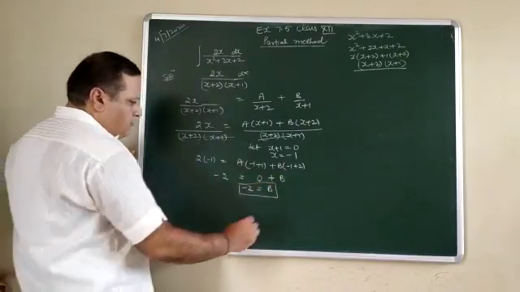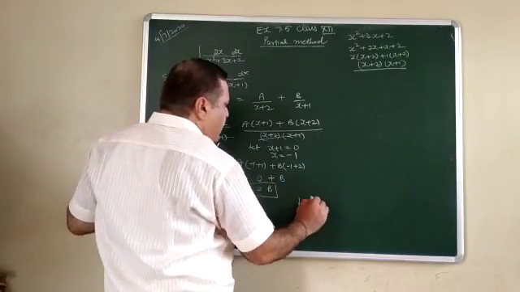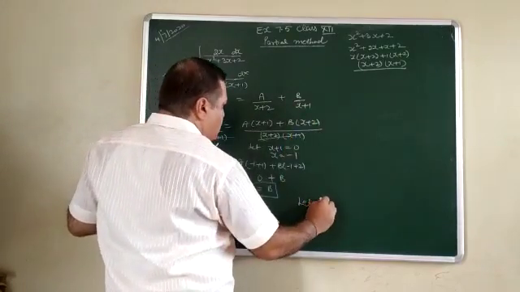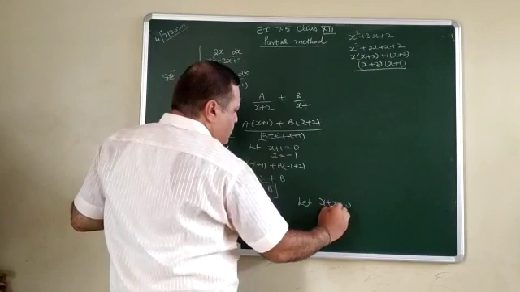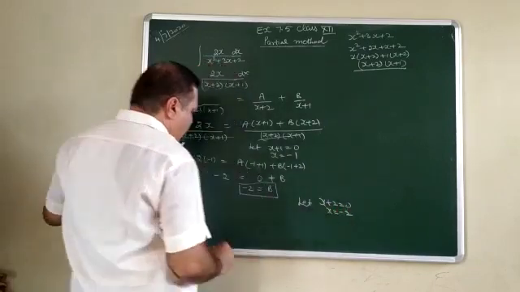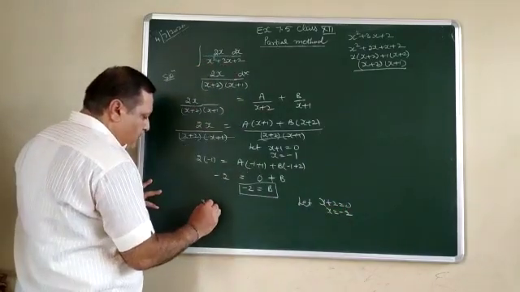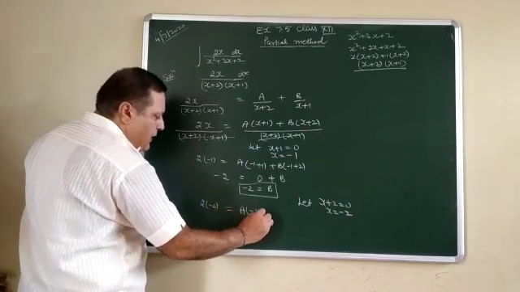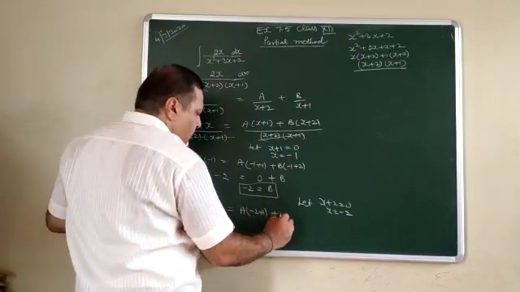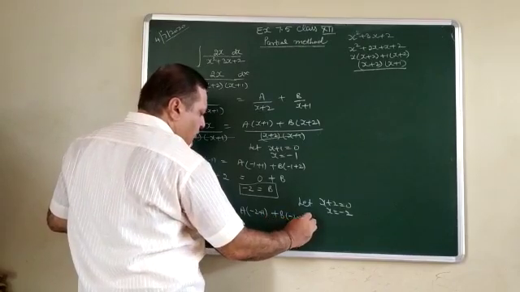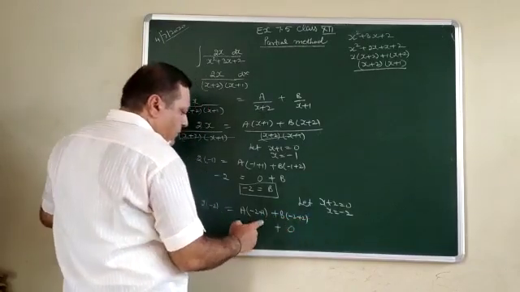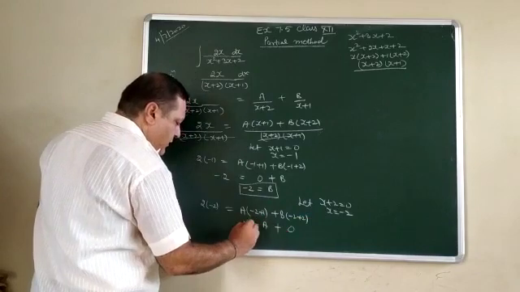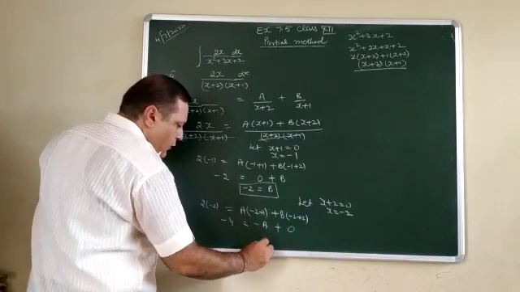Now take the second factor. Let x plus 2 equal to 0, so x is equal to minus 2. It is 2 into minus 2 equals a into (minus 2 plus 1) plus b into (minus 2 plus 2). It is 0 plus minus a, which is equal to minus 4.